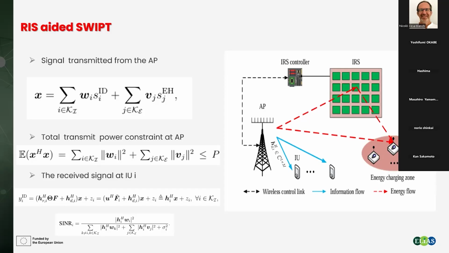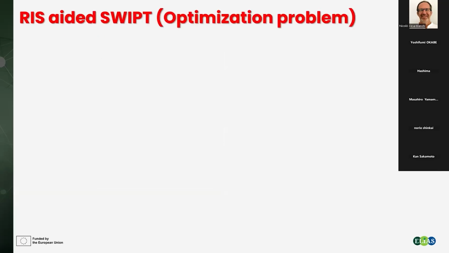And then the received signal at a user will be the channel gain multiplied by Theta, which is the phase shift matrix of the RIS, and F is the precoding. And this is the signal to interference plus noise ratio in that case, as the energy harvesting users will act like interference.